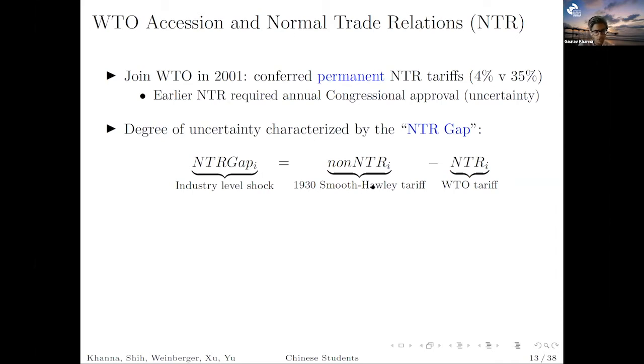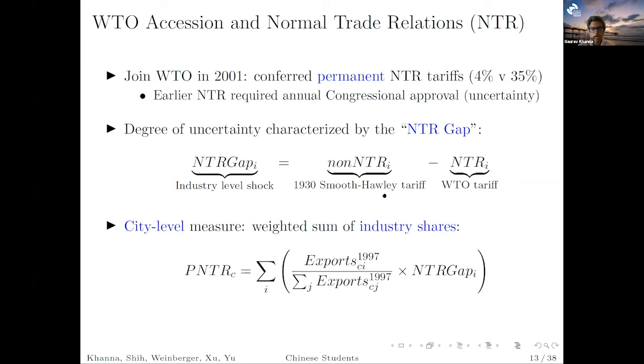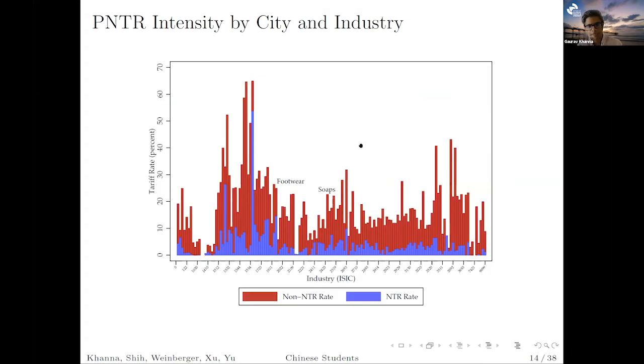So that's an industry level shock, but we want to know how different cities are affected. So to do that, you weight these industry level shocks by the share of production in the different cities at baseline, right? So let me give you an example here.